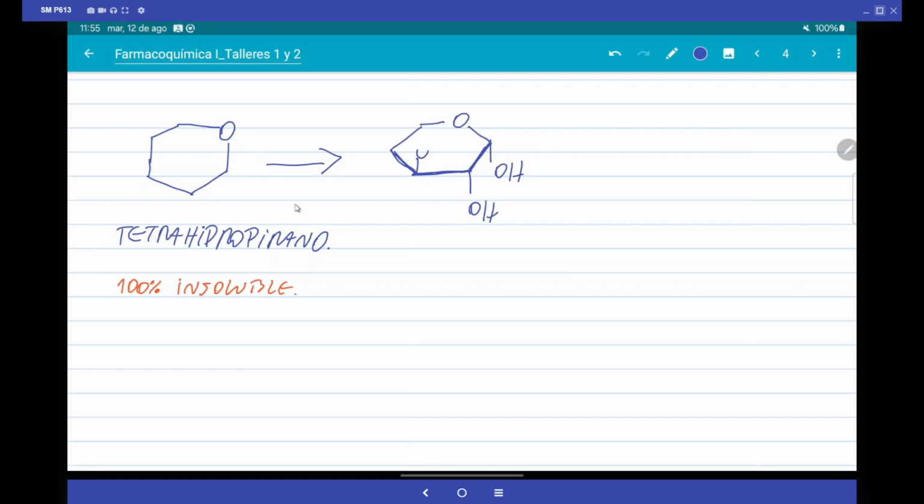In fact, specifically, this one that we are drawing here is glucose. We have not changed much, only that we have one more carbon in the structure, because there we would have 1, 2, 3, 4, 5, 6. In the previous one we had 5, right? 1, 2, 3, 4, and 5. So the only difference is that there is one more carbon, but it is full of hydroxyl groups.